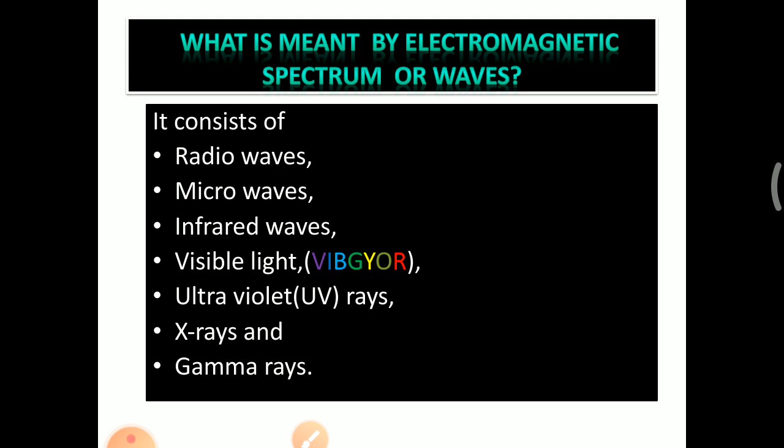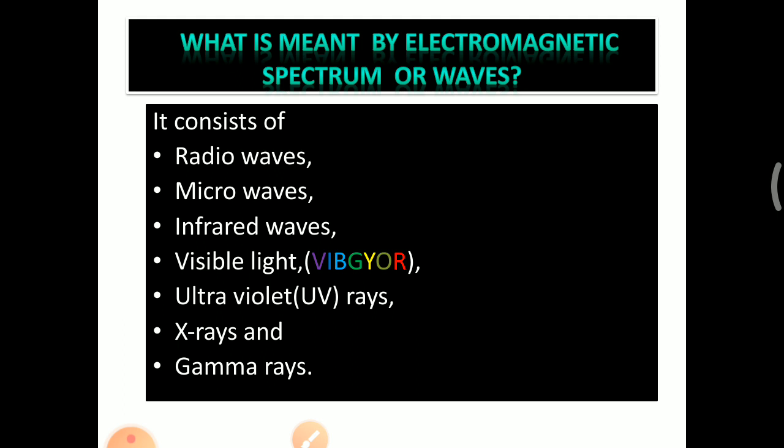The electromagnetic spectrum or waves is nothing but it consists of 7 waves. One is radio wave, microwave, infrared wave, visible light. The visible light is nothing but VIBGYOR, then ultraviolet, the UV rays, X rays and gamma rays.